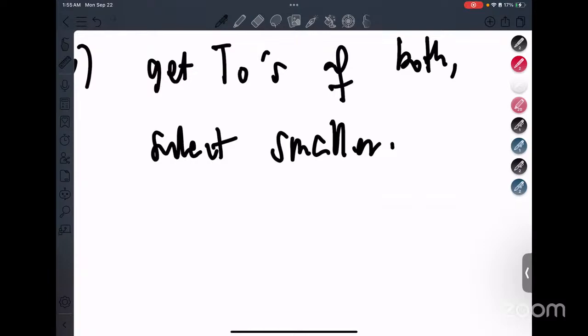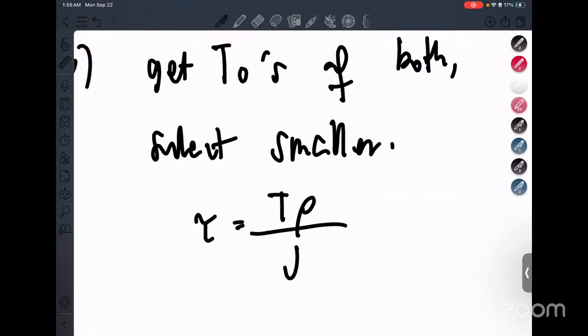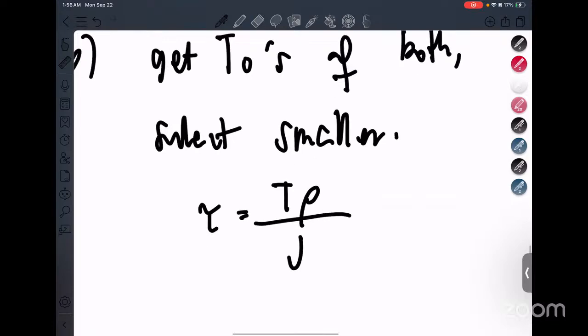So back to our original equation, which is that tau is equal to torsion rho over J, right? This is the main equation that we'll be using for this one.